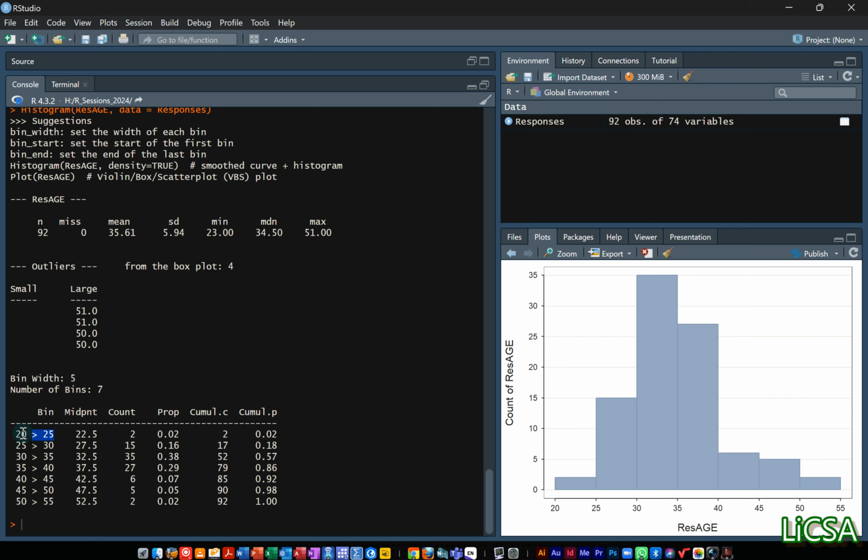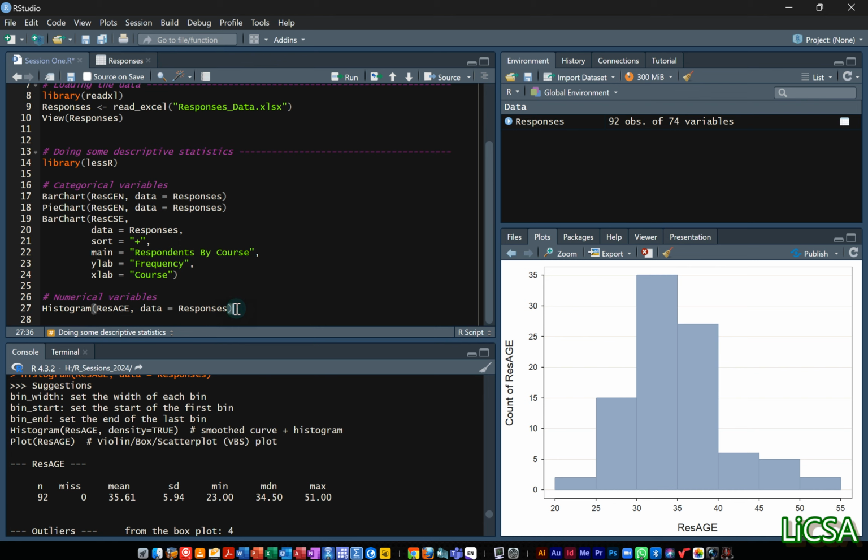It is saying, for example, between 20 and 25, between 25 and 30, between 30 and 35, those are the different bins, and it calculates these percentages for us. This is what it is plotting here, how many people are in each bin. So this is what we call numeric data. That is a histogram.